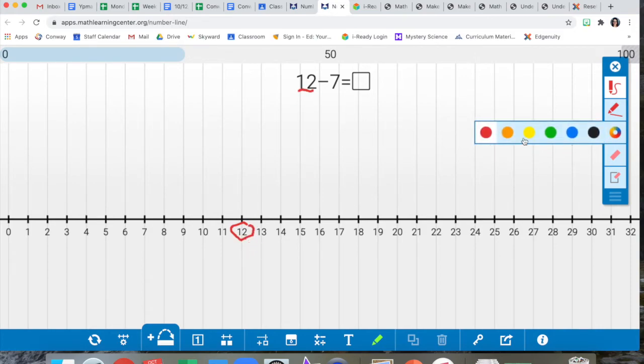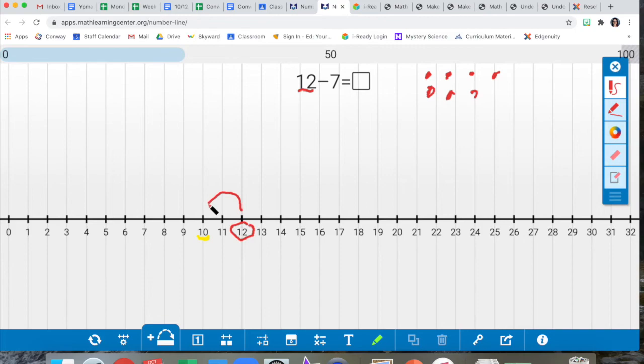Now we need to find our friendly 10 when we're subtracting. There it is. We need to land on that 10. We're going to take away 7, but first we want to land on the 10. Let's draw those 7 dots to keep track and make sure we don't forget anything. 4, 5, 6, 7. Okay, there's my 7.